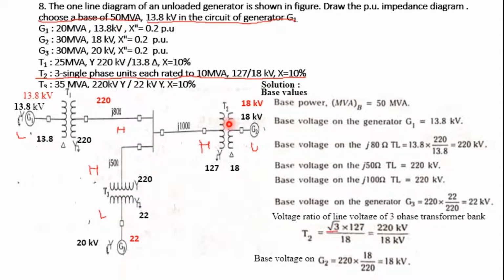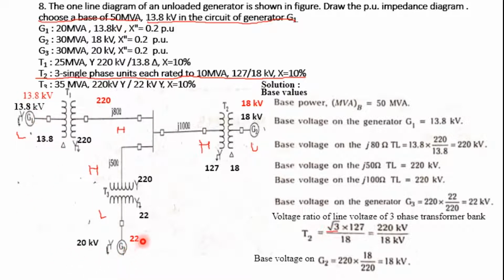So while solving this, you need to write the actual value, meaning what they mentioned in the numerical, and then what you got after selecting the base voltage. If you write it that way, it is going to become easy to solve the numerical. You can see here this is the actual value.